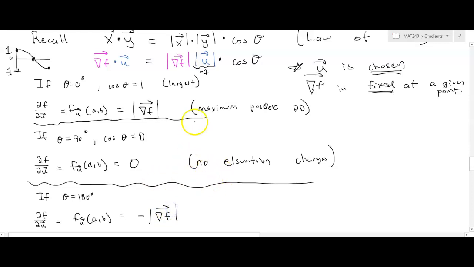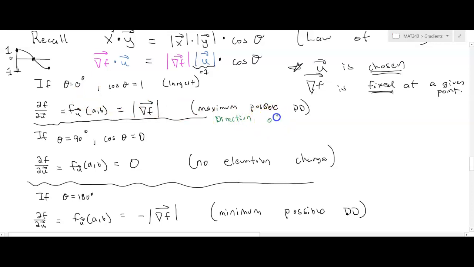And so that is as large of a negative value as we can possibly get out of cosine theta. So if that's the largest negative that we can achieve, and of course magnitudes aren't going to be negative, this will tell us that this is the minimum possible directional derivative.